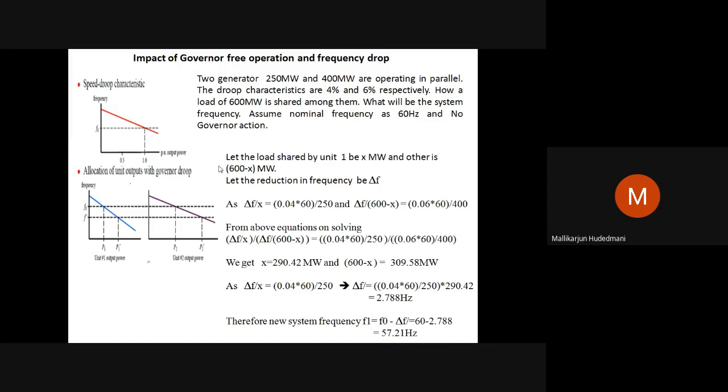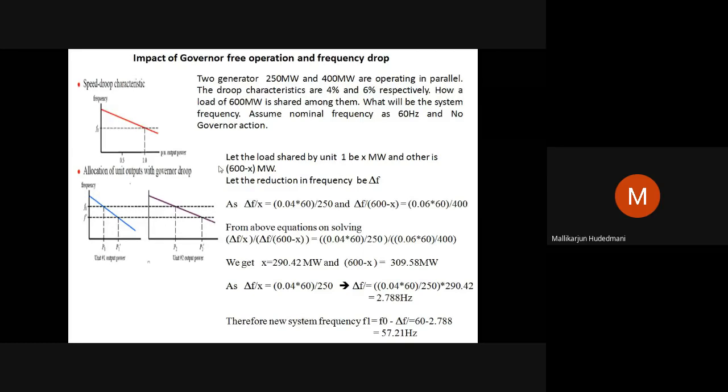Two generators, 250 megawatt and 400 megawatt, are operating in parallel in a station. The droop characteristics are 4% and 6% respectively. How a load of 600 megawatt is shared among them is the question.